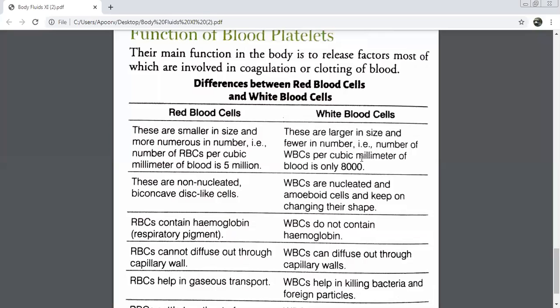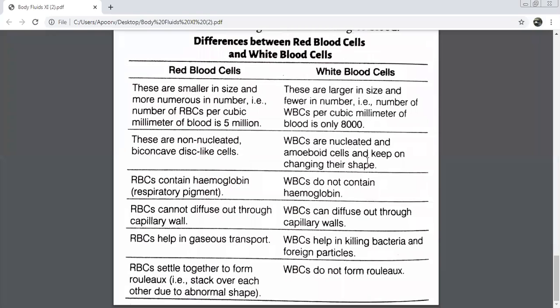Is the rouleaux property shown by RBCs or WBCs? RBCs. I'll give you one minute. Please analyze this table, then I'll start discussing the differences with you. See it nicely.